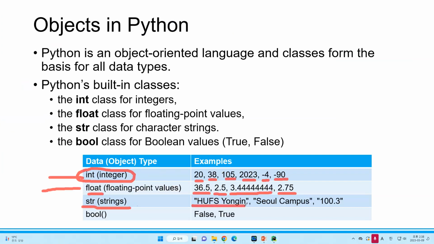So every character, for example, Yongin, we call this a string. Seoul campus, we call this a string. This is also a string. Why? Why is it a string?